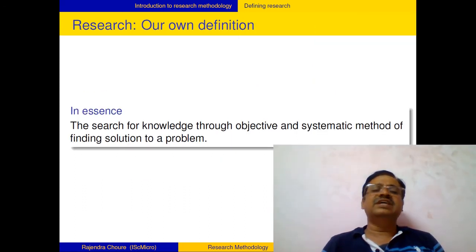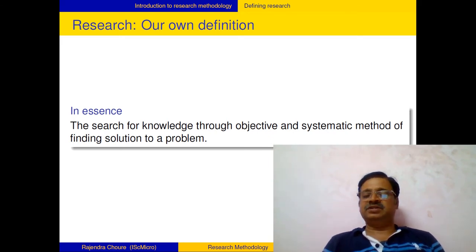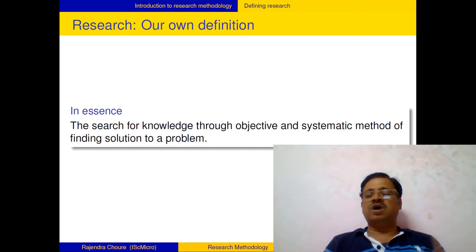Through all these definitions, now we have our own definition. In essence, the search for knowledge through an objective and systematic method of finding a solution to a problem is research. The basic understanding is that we are searching for knowledge, and for that we are not subjective, we are objective and use a systematic method to find the solution to our problem.